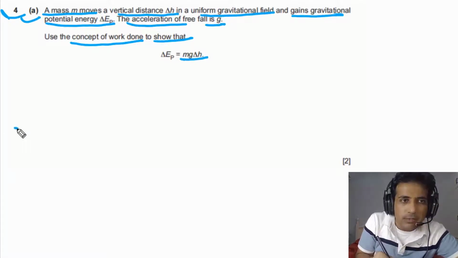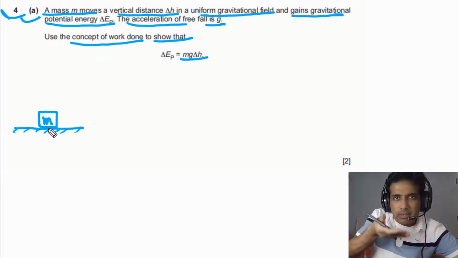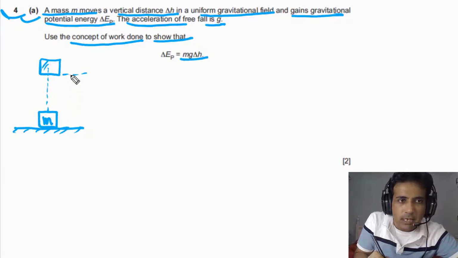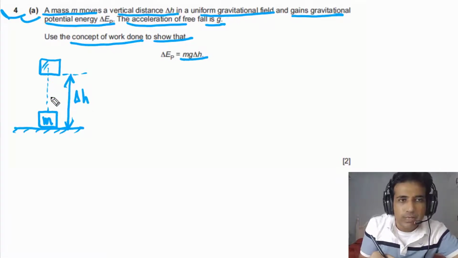First of all, let's try to understand what is given to us. Imagine that this is the ground and a mass is placed on this ground, and the mass is small m. We raise this mass up to a certain height, in this case delta h. When we raise this mass up, there are 2 forces acting on it.